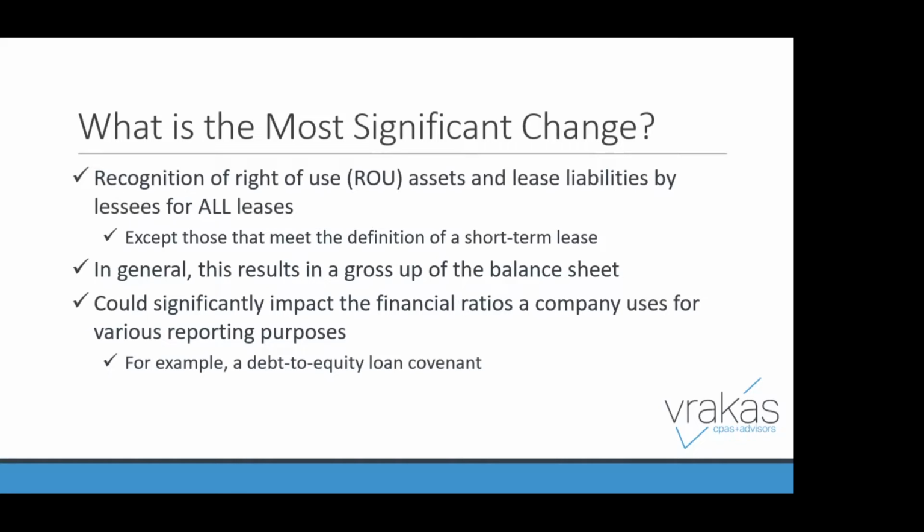So what is the most significant change? We are going to recognize what's called a right of use asset and lease liability for all leases. So again, not just the capital leases, but operating leases as well. The one exception is if a lease meets the definition of a short-term lease, and we'll discuss that later in the presentation.